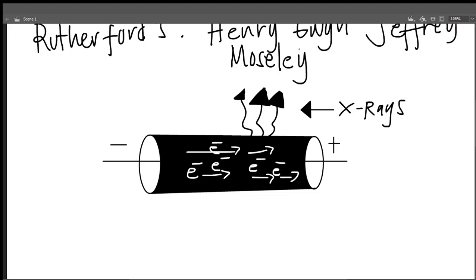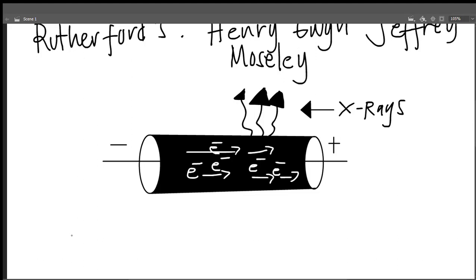So he was able to state that the number of positive charges of the nucleus increases from atom to atom by single electronic unit. This number of positive charges is now called atomic number and is 1 for hydrogen, 2 for helium, and 3 for lithium, and so on and so forth.